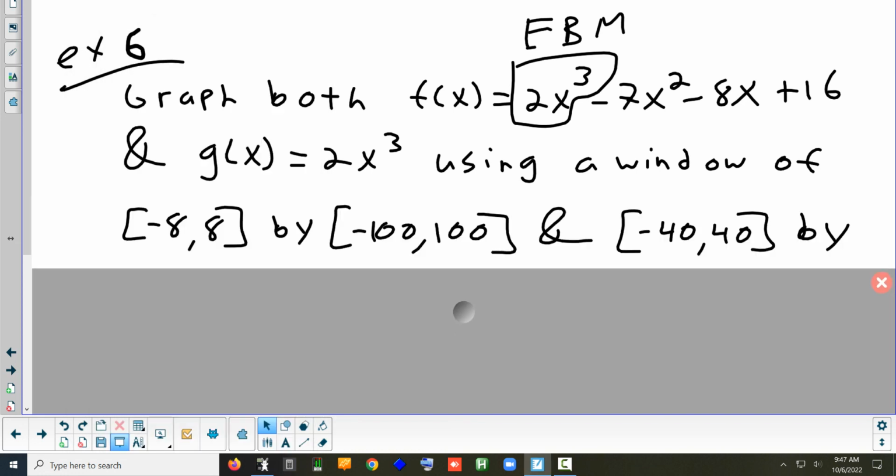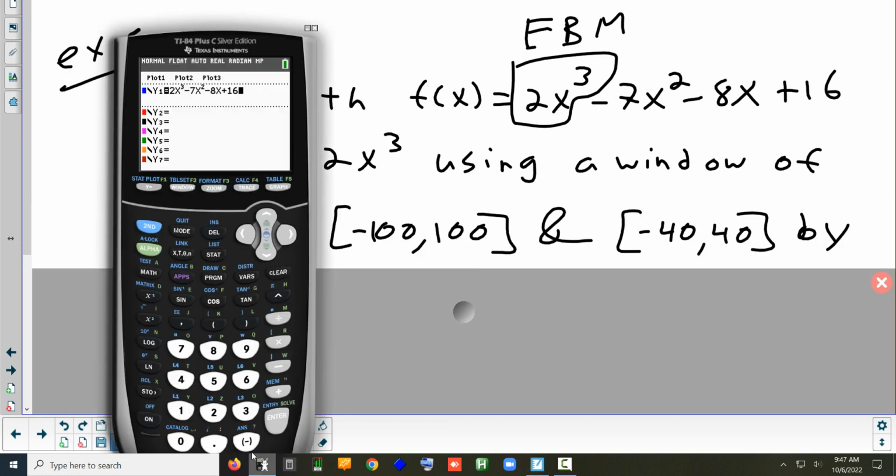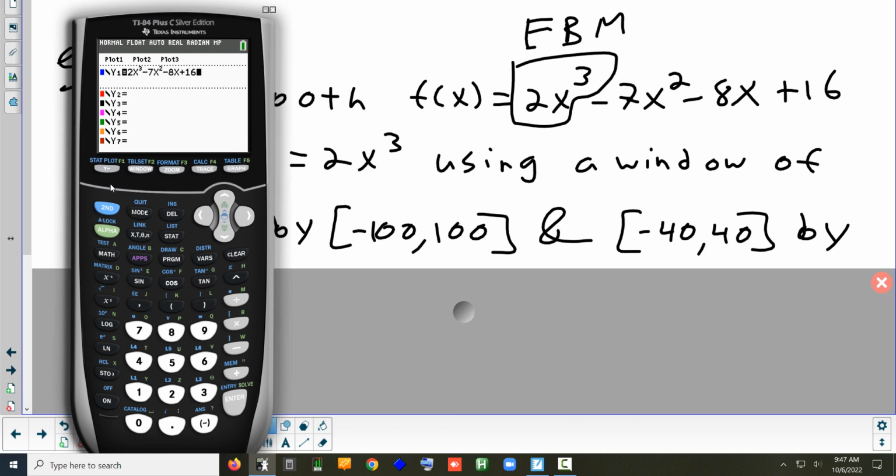And first, they tell me to do a window of -8 to 8 and -100 to 100. So type them both in. That's not really zoomed out that far. -8 to 8 is even zoomed in more than the standard window.